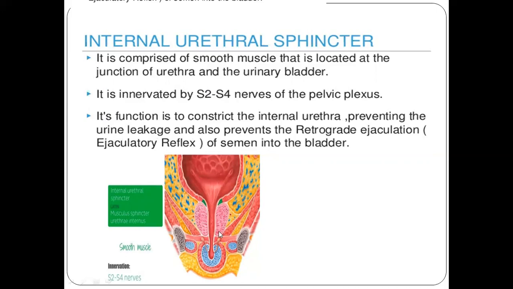So it prevents urinary leakage, and its other function is to prevent retrograde ejaculation. Whenever semen travels downward during ejaculation, it prevents the entry of semen into the urinary bladder, or the mixing of semen with urine.